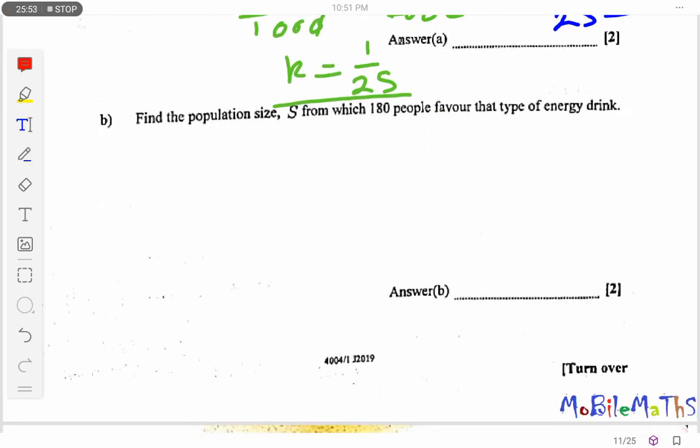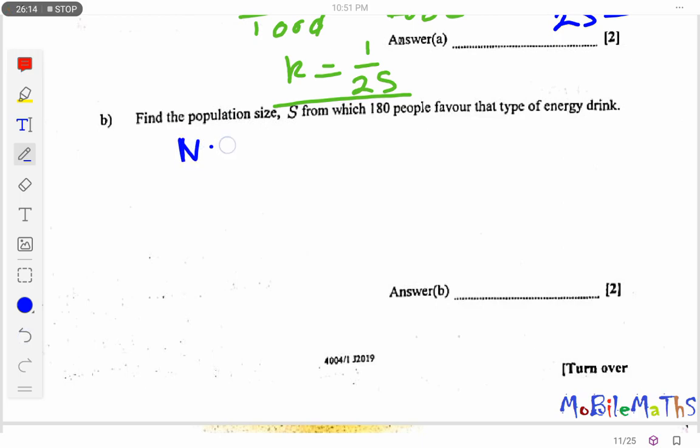Now they are saying find the value of s, the population size, from which 180 people favor the type of drink. So we are looking for s.